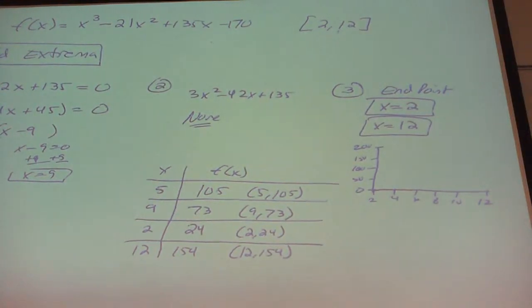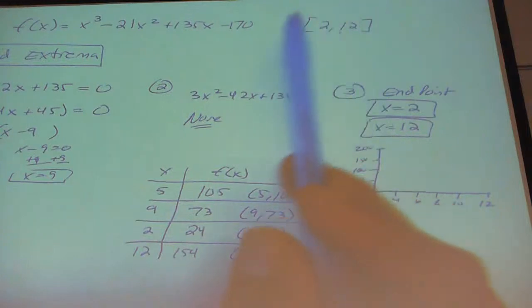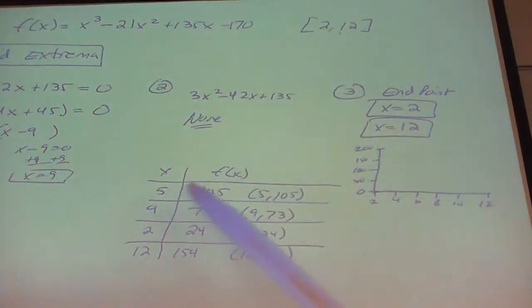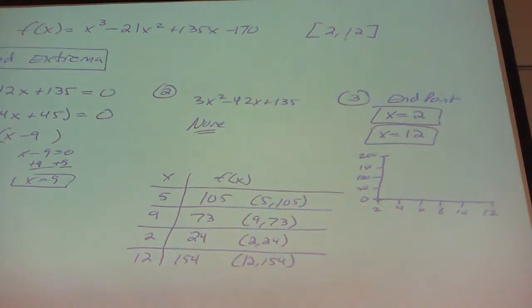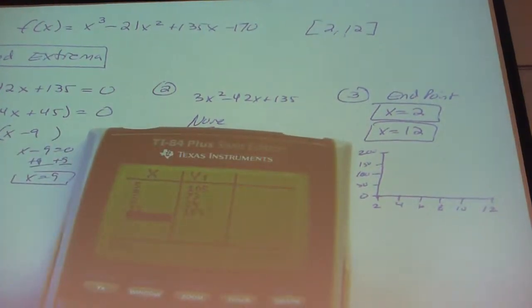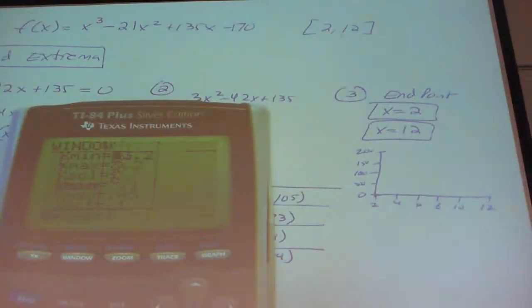Where do you get the window from? The X comes from the domain, and the Y comes from what you want to see. So we may have to change it, but let's do this for now. Window, 2 to 12, counting by twos. 0 to 200, counting by 50s. So we make a window appropriate.